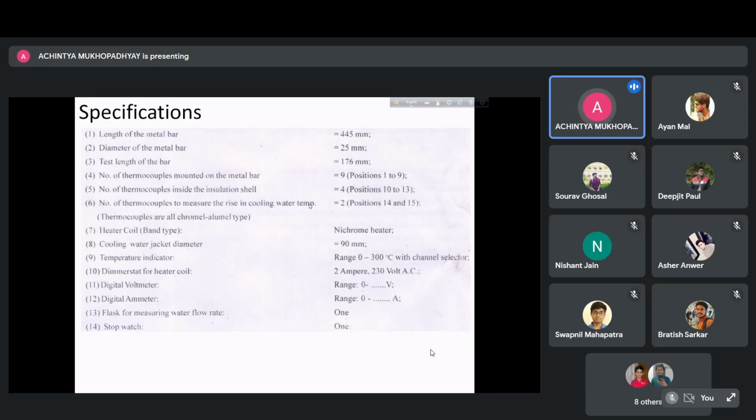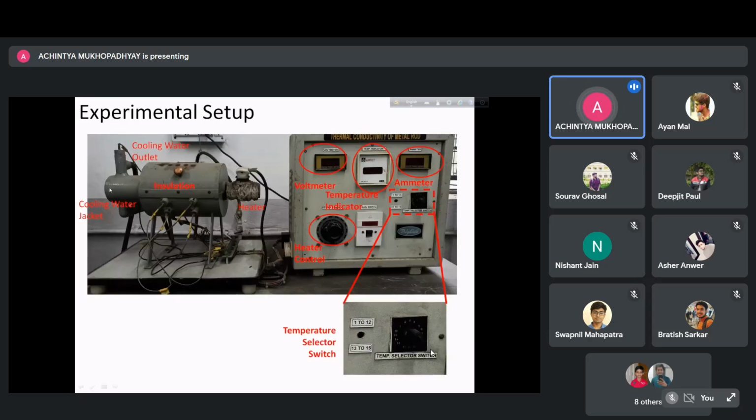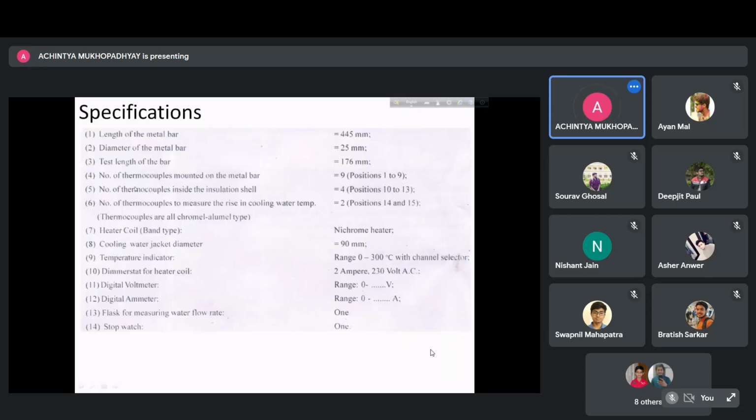The cooling water jacket diameter is 90 millimeter. That means this diameter is 90 millimeters. So this is even bigger than 90 millimeter. And then there is a digital ammeter and a digital voltmeter. And there is a thermostat for the heating coil, which is 230 volt AC and 2 ampere as the ratings.